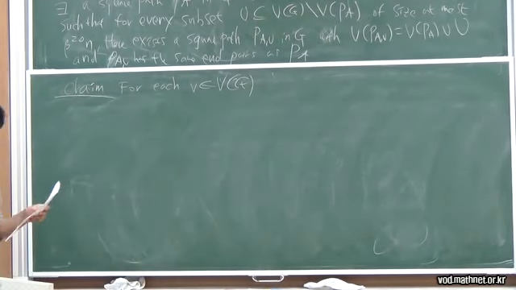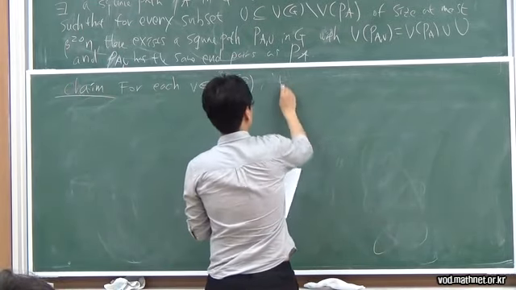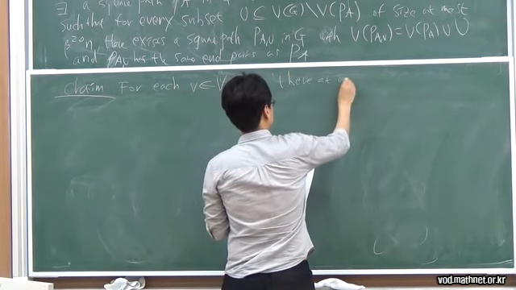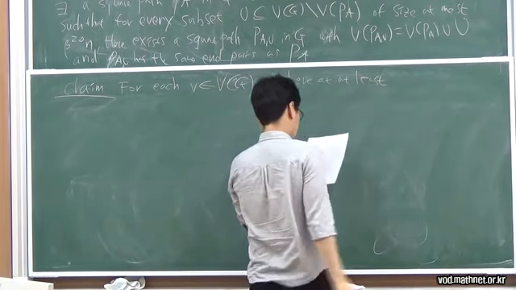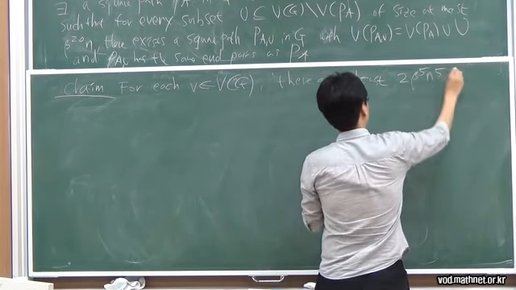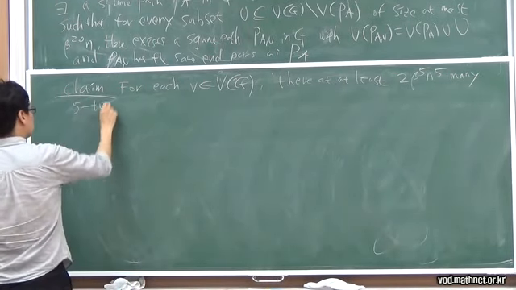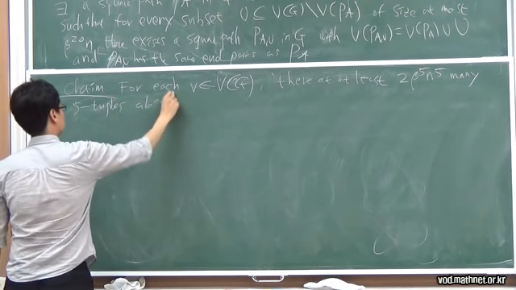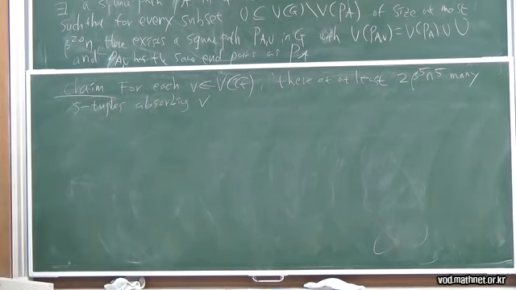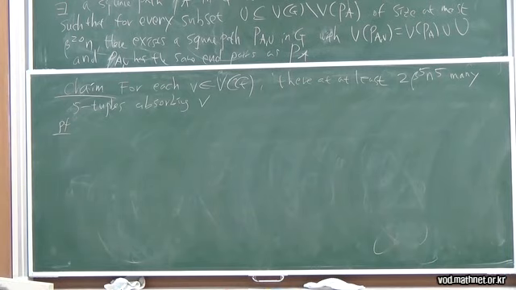So for this G, for this vertex in G, we can show that there are at least, say, 2 to the beta to the 5 n to the 5 many 5 tuples observing this specific vertex B. So we specify this structure of 5 tuples.